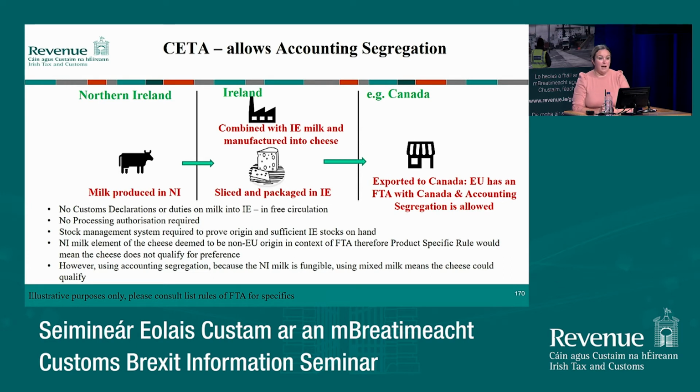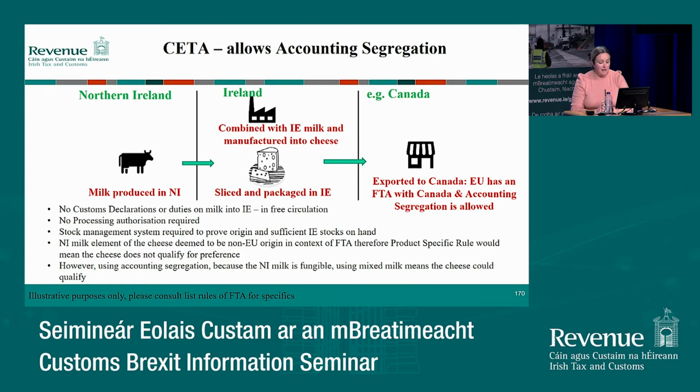Now, you must have your stock management system in order to prove the things we spoke about, that you've the sufficient quantities of the Irish milk on hand. The Northern Ireland milk element of the cheese would still be deemed to be non-EU origin in the context of the FTA, and therefore it wouldn't meet the requirements of the product-specific rule. And in theory, that would mean then that it wouldn't qualify for the preference.